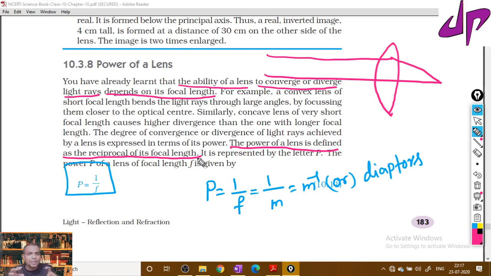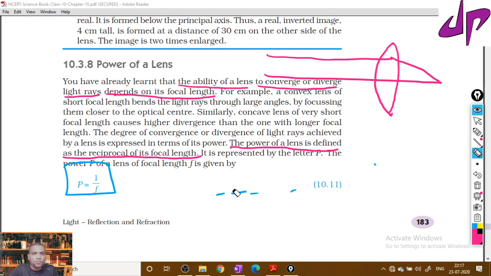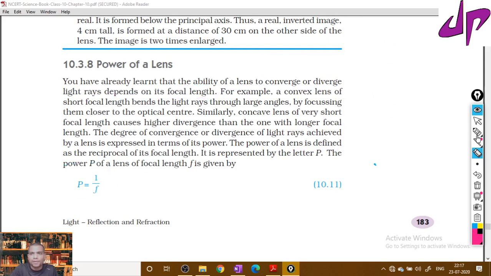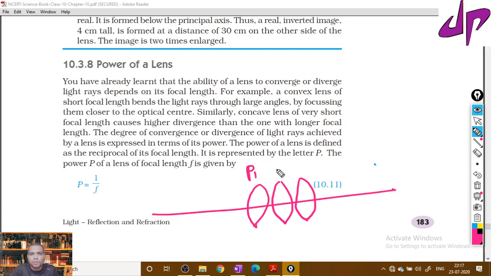We can achieve that by using more than one or two lenses, a combination of lenses. Suppose I have a setup like this: one convex lens, then another convex lens, and another, three convex lenses, each having power P1, P2 and P3.